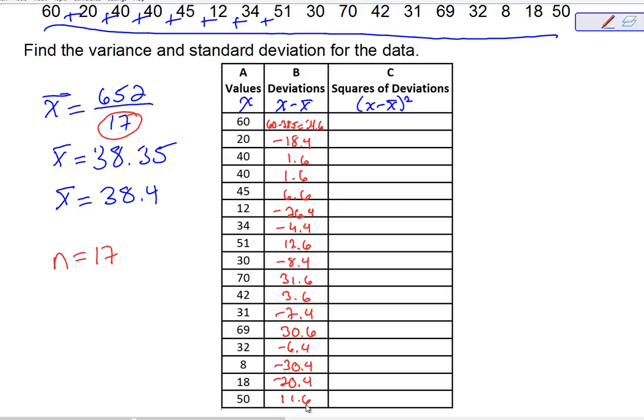And again, what I did was I took each one of these and subtracted 38.4 from it. Okay?